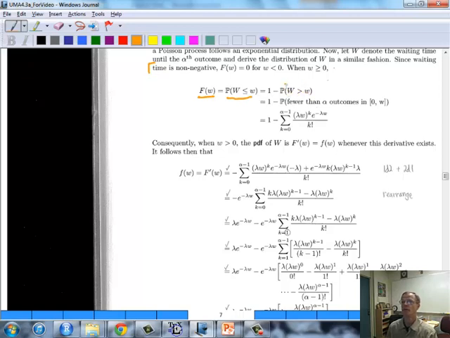So converting this time issue into the Poisson, that is the probability that fewer than alpha outcomes occur in the initial interval of time 0 to w. Okay, so here's little w. We have 0 to w, so we must have less than alpha outcomes, and then the alphath outcome is going to occur somewhere after w.